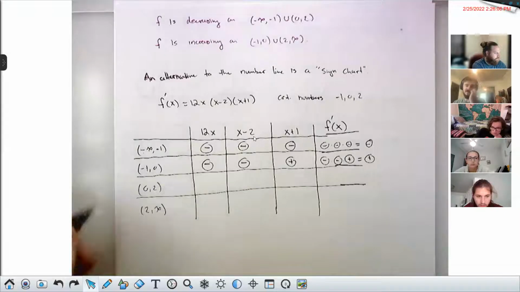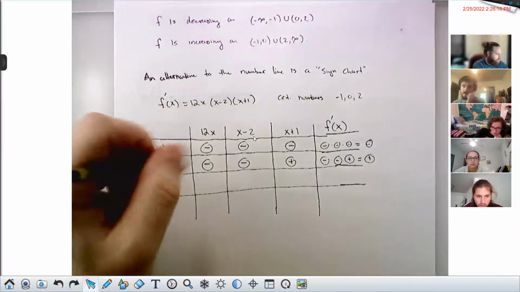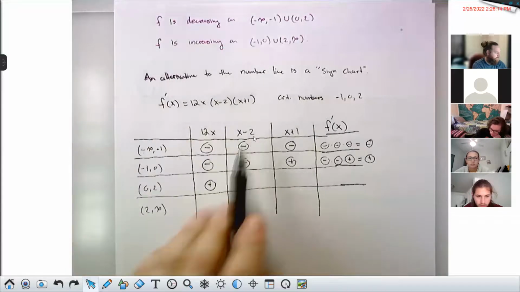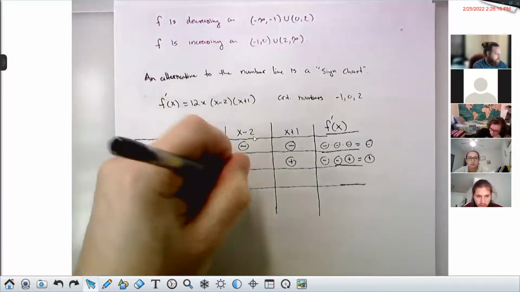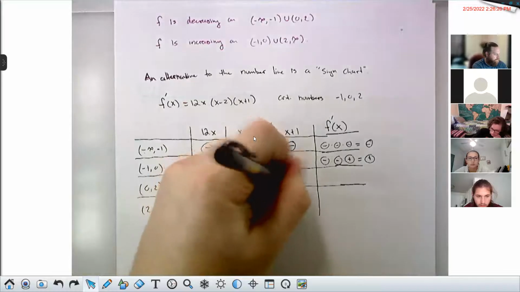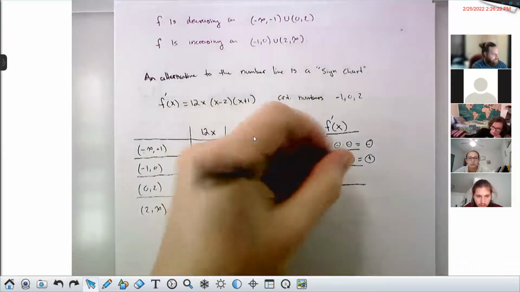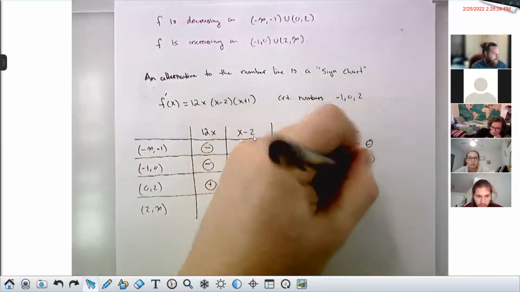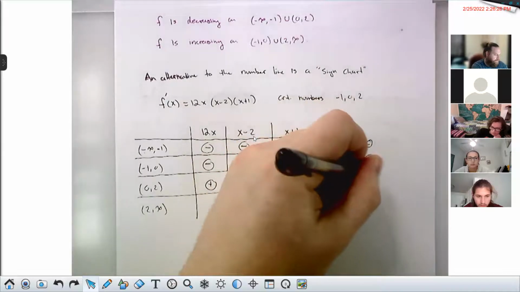From 0 to 2, 12x is going to be positive. x minus 2 is going to be negative. x plus 1 is going to be positive. So this is positive, negative, positive, which is negative overall.